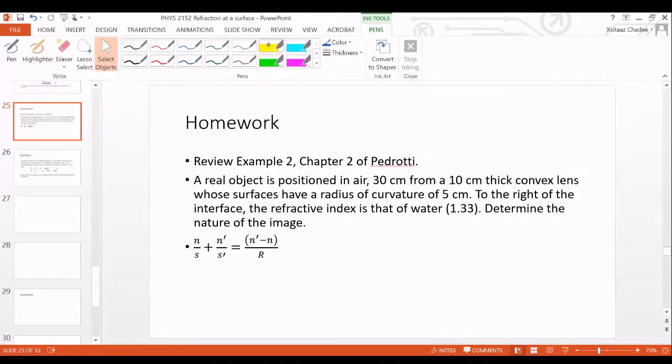Okay, so this lens here is really a lens of water. So what you're going to consider is air on one side, water inside this convex lens, and then air on the next side.